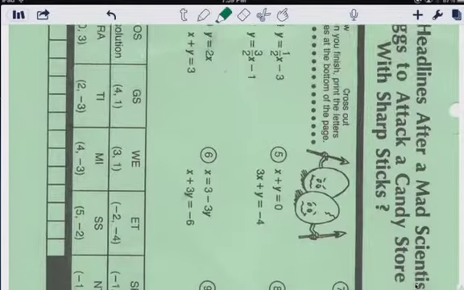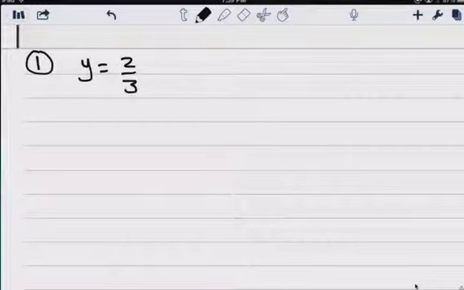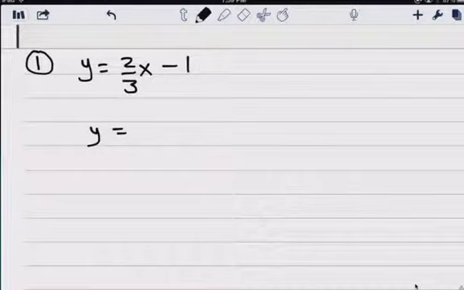Alright, we'll do number 1 using substitution. Number 1, y equals 2 over 3x minus 1, and the other one is y equals negative x plus 4.